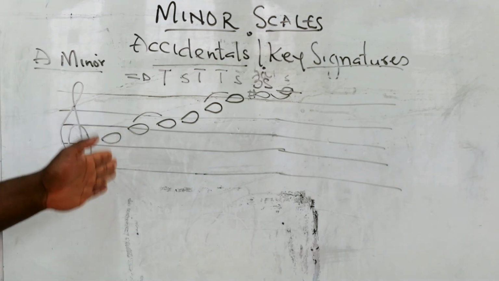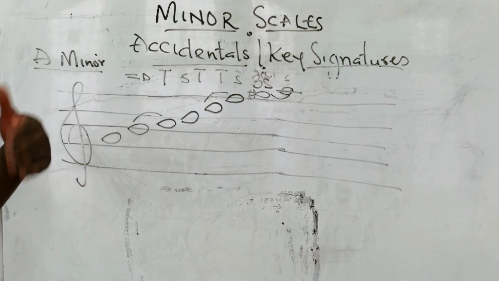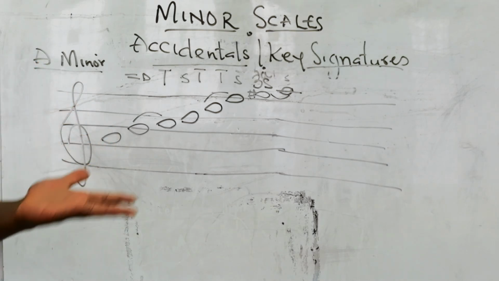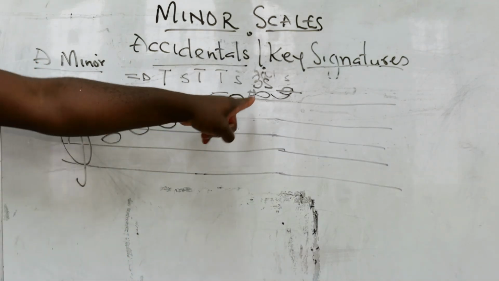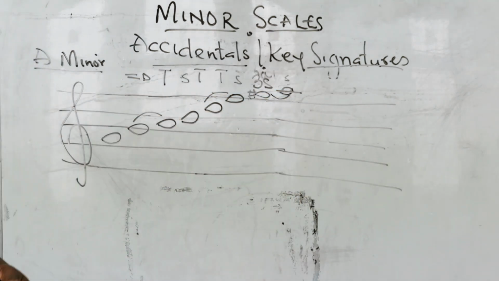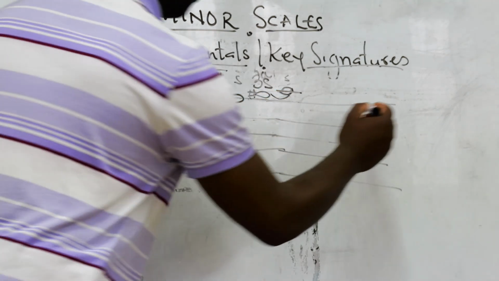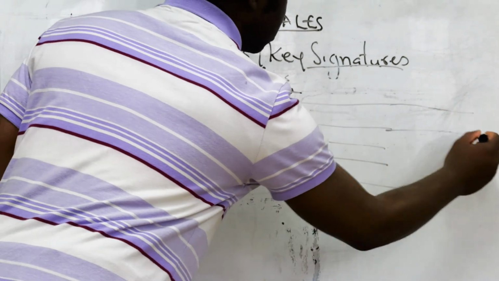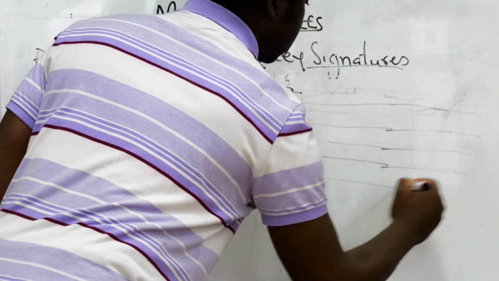It's the same whether it's accidental or key signature, because you're using the key signature of C, so you don't see the relation. The only thing is that you have to sharpen the 7th. And when you're descending, let me do descending also, just for the sake of completing it.